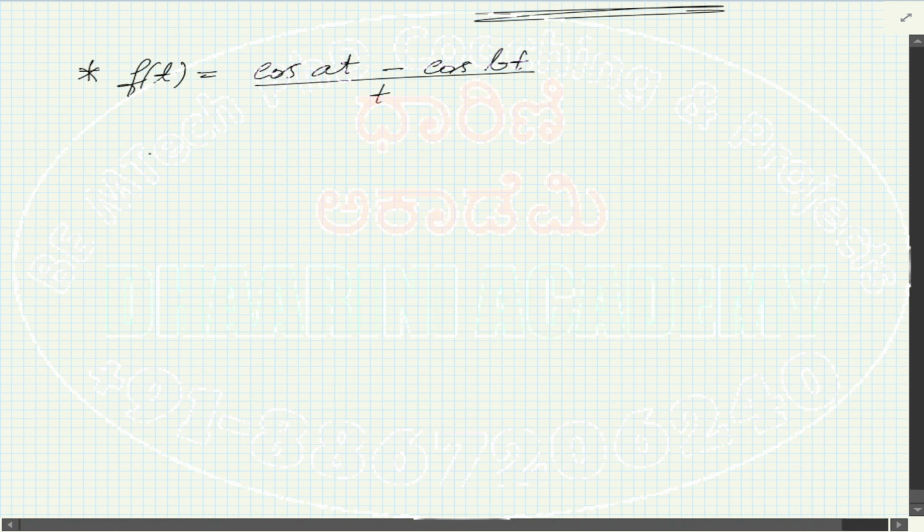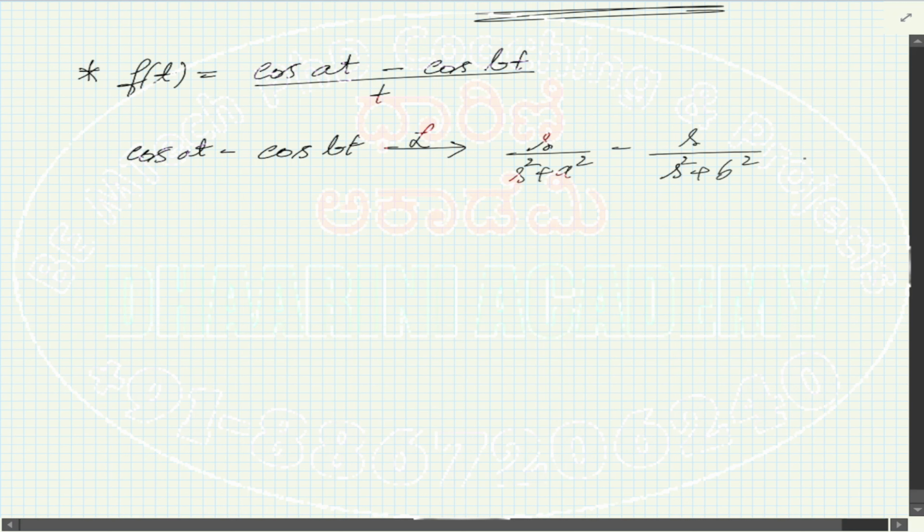So let's start with the numerator part, cos at minus cos bt, which is going to have its Laplace transform as, since it is a cosine function, s by s square plus a square minus s by s square plus b square.